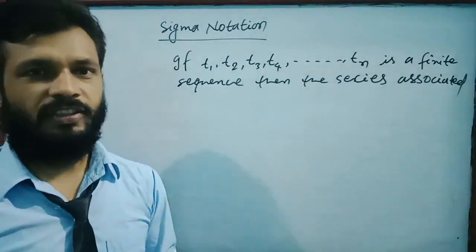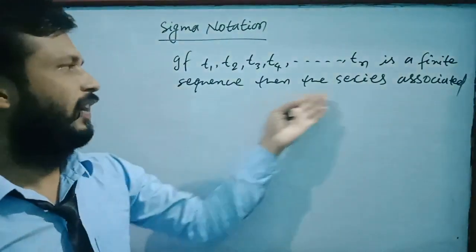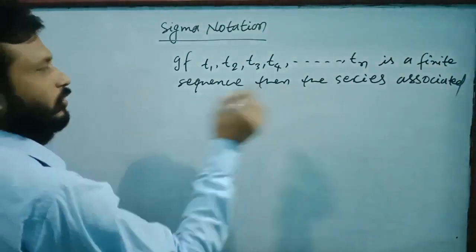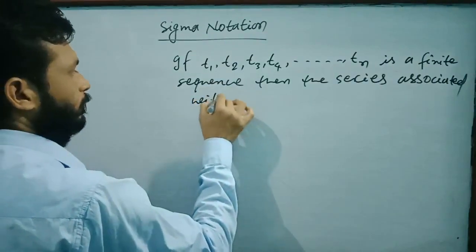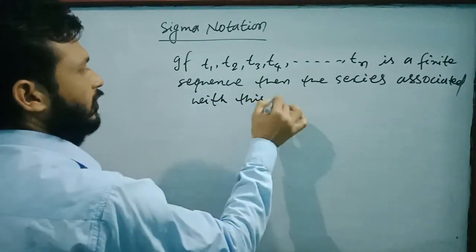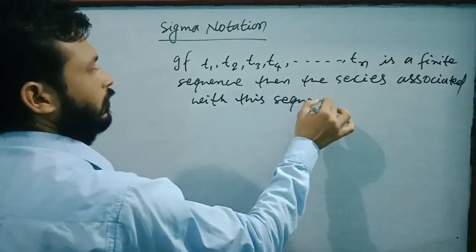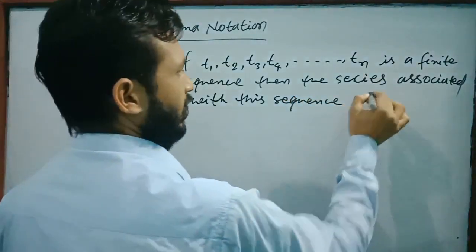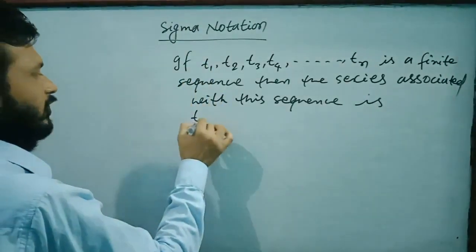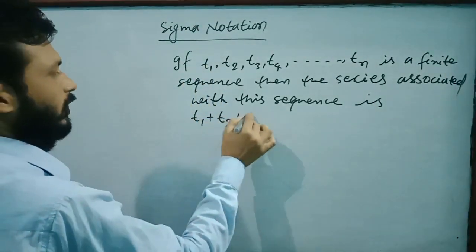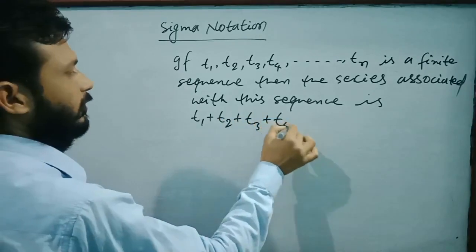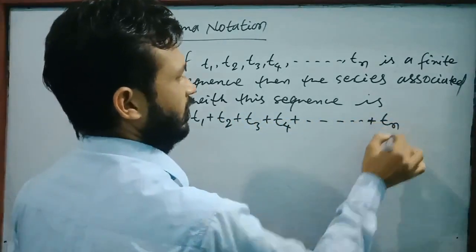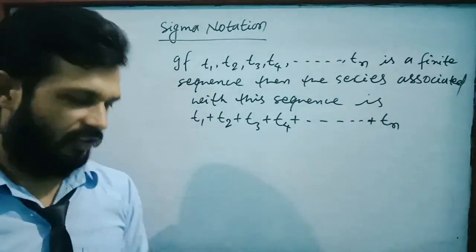Understood? So the series associated with this sequence is T1 plus T2 plus T3 plus T4 plus up to Tn. It is the series.